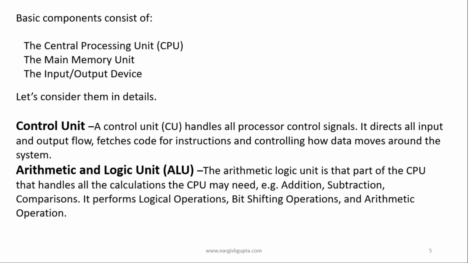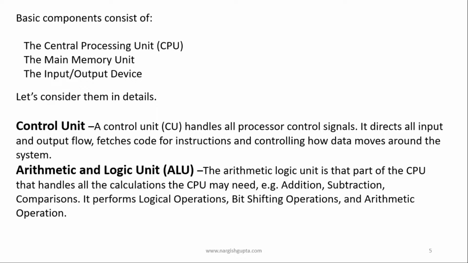Let's suppose that the arithmetic and logic unit is going to execute a task. It will need data to execute that task. So the control unit will provide it by fetching the data from memory to the arithmetic and logic unit.